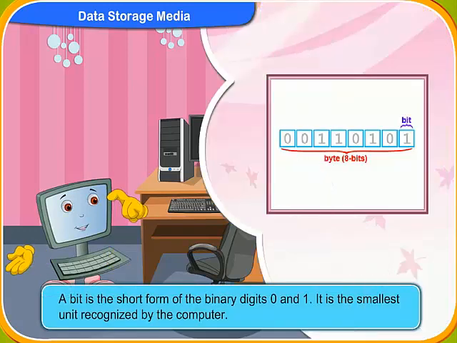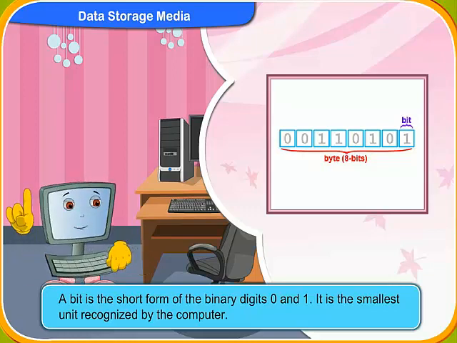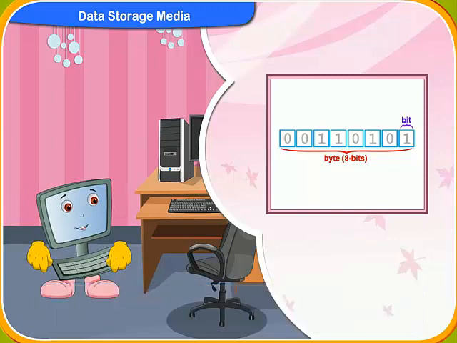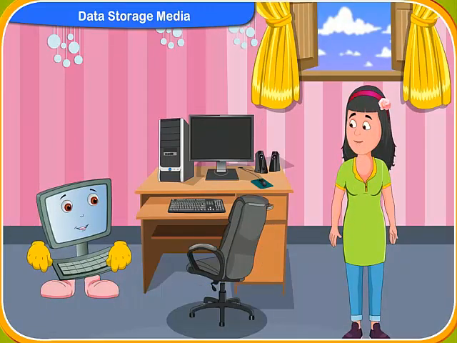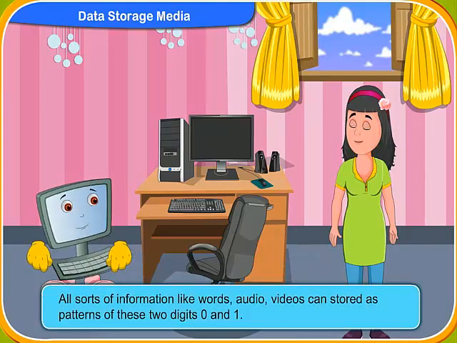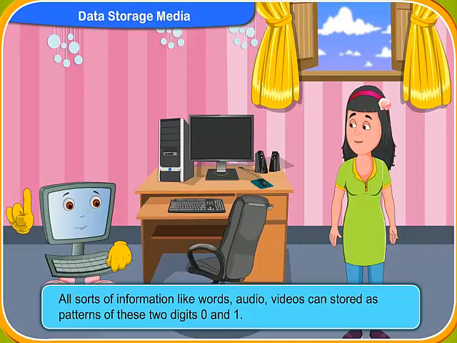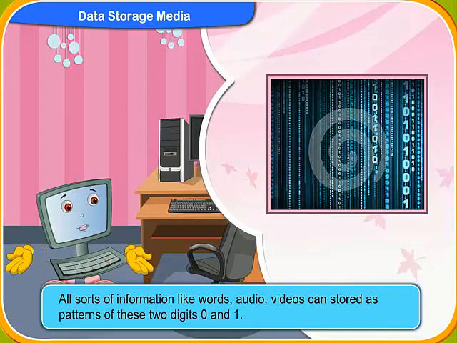A bit is actually the short form of the binary digits 0 and 1. It is the smallest unit recognized by the computer. What do these 2 binary digits or bits do? All sorts of information like words, audio, video can be stored as patterns of these 2 digits 0 and 1.